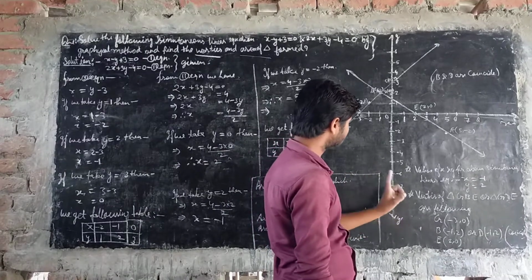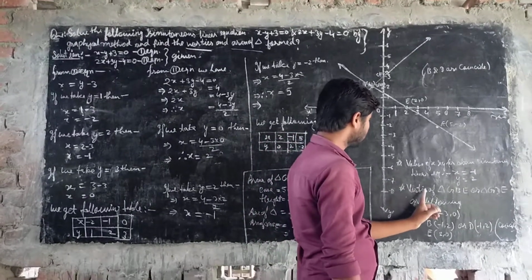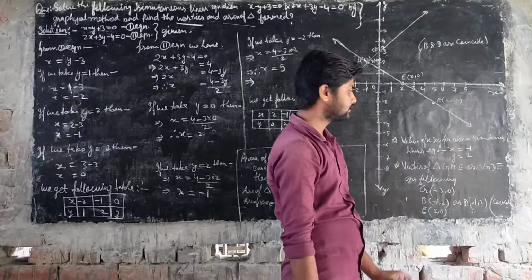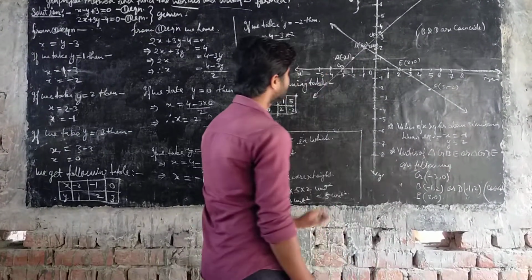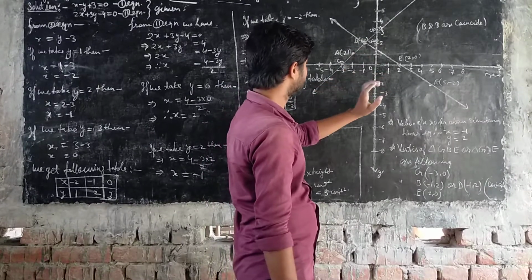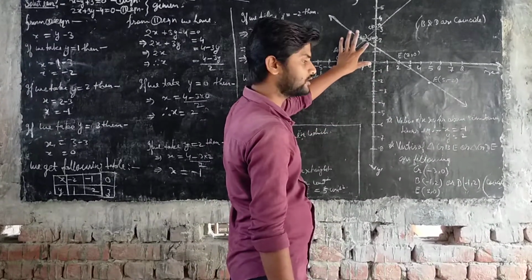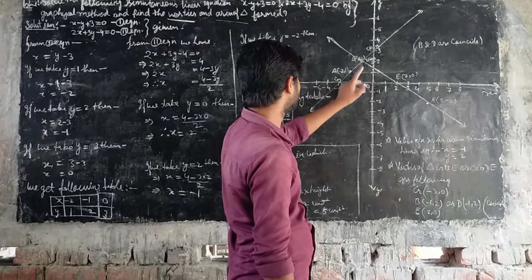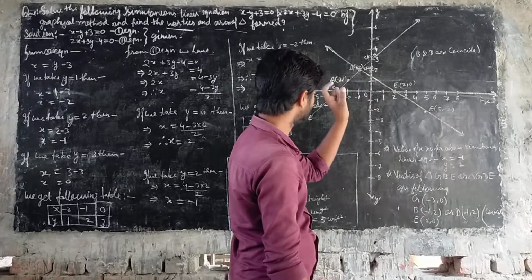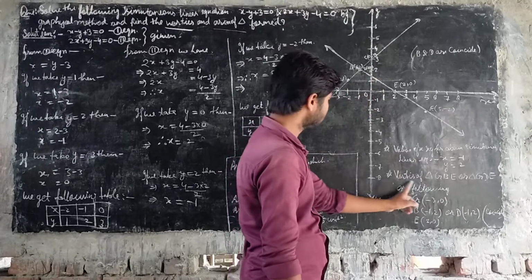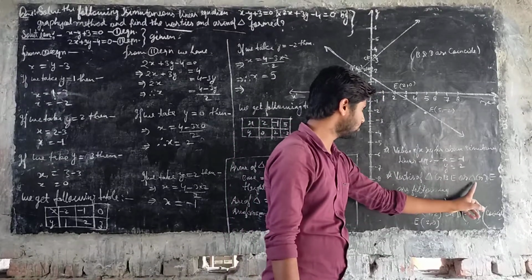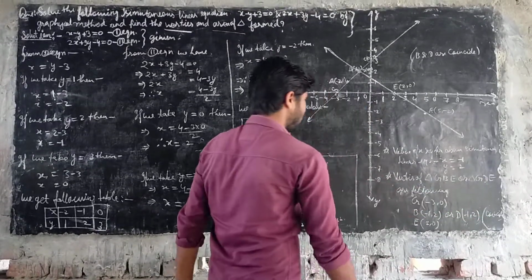Now, second, write the vertices of the triangle, all the vertices of triangle GBE. Here B and D coincide, so we can also say triangle GBE and triangle GDE.